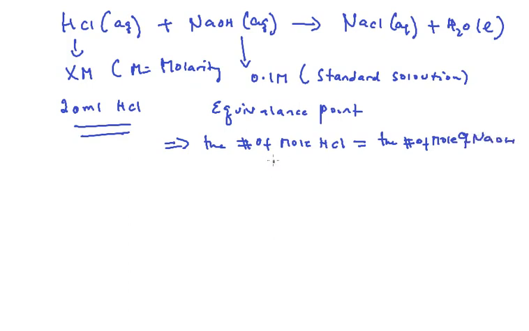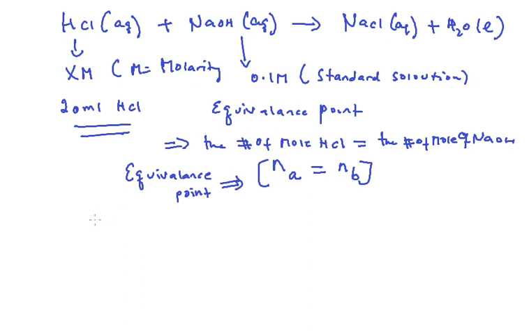So you can say number of moles of an acid, I'm going to use an abbreviation, Na, equals Nb. When you get to this point, we call this point equivalence point. Now the question is, how do we know that we reach equivalence point?